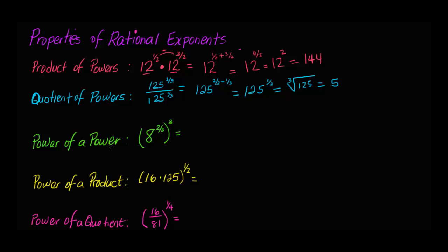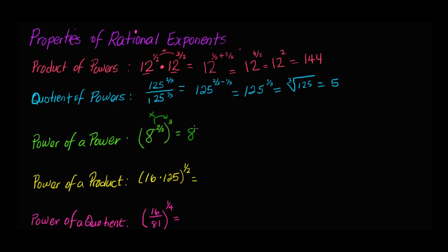Power of a power. The power of a power says that if I have this power raised to another power, 2/3 raised to the 3rd power, then I can multiply the exponents. So far we have addition when we multiply, subtraction when we divide, and when we're raising a power to a power, we multiply exponents.